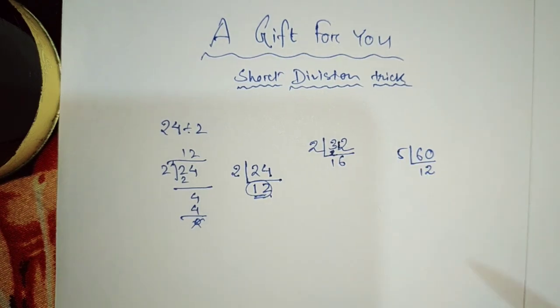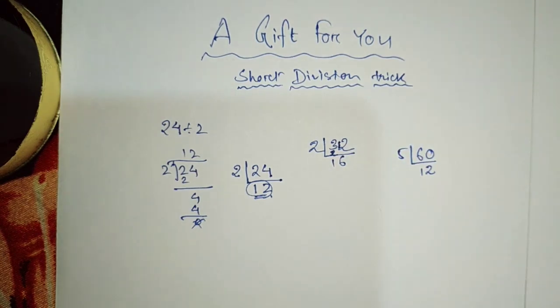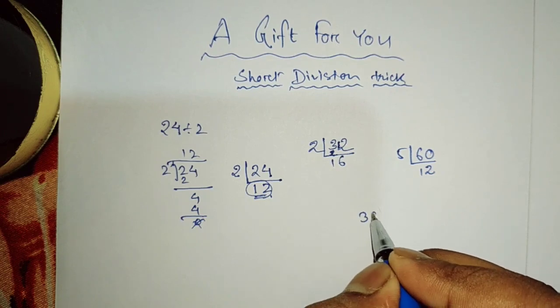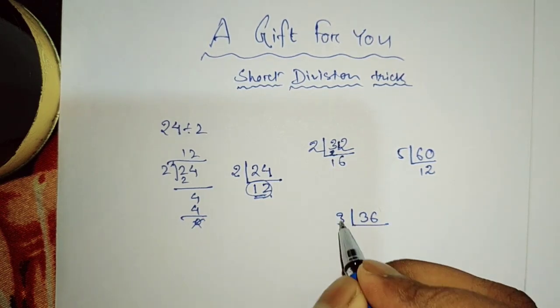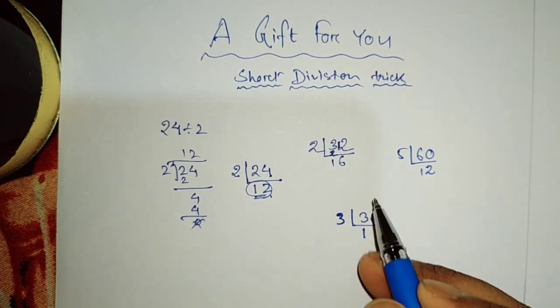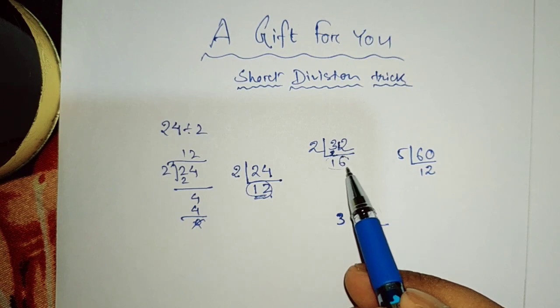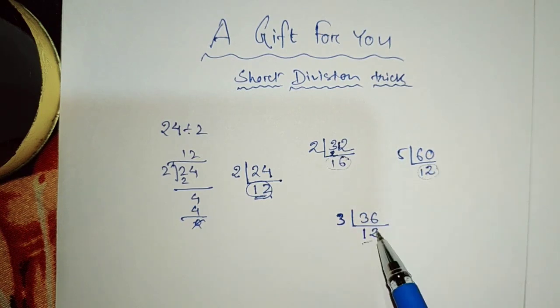Have you understood? Then if you divide say 36 by 3, 3 ones are 3, it's done, 3 twos are 6, answer is 12. In the first case the answer was 16, in this case the answer was 12, in this case also the answer was 12.